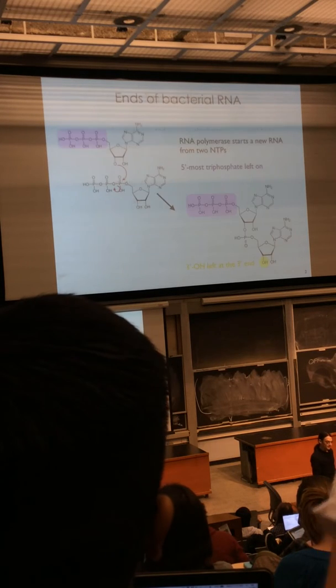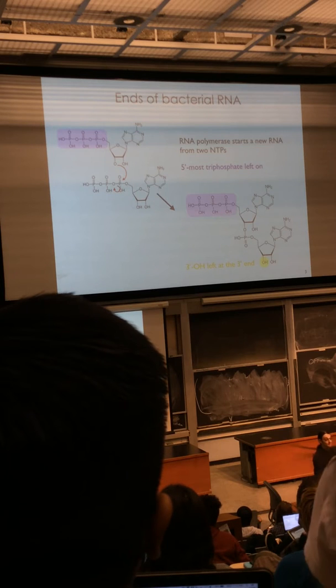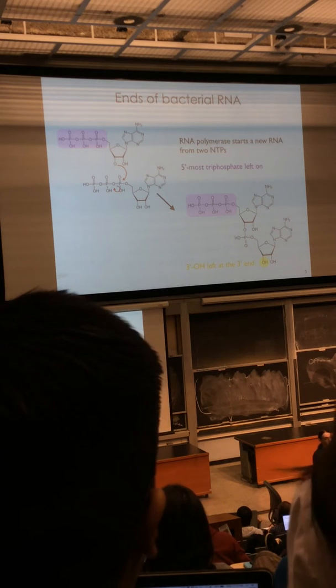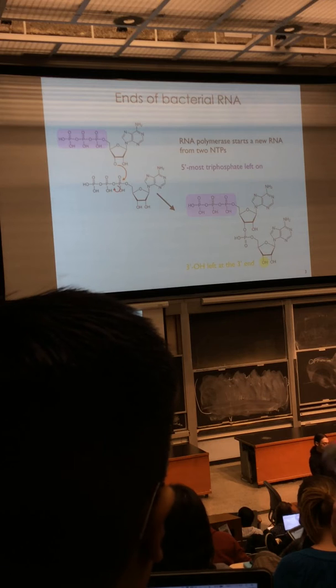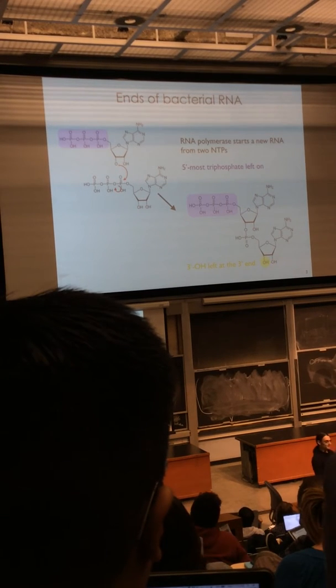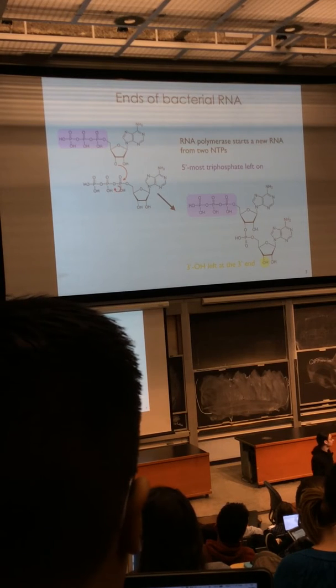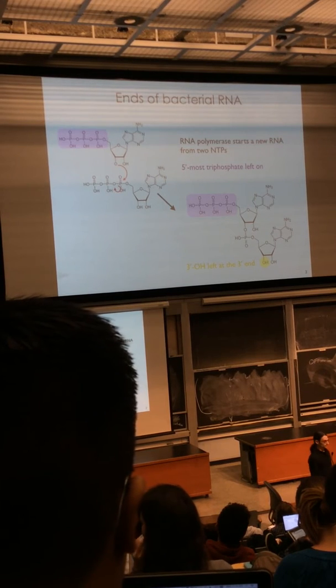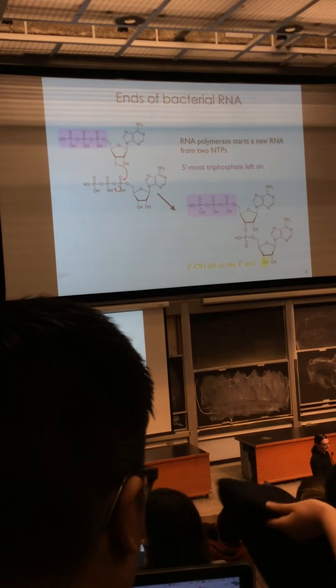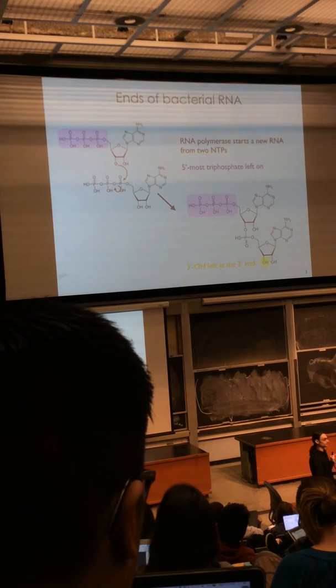If we're looking at bacterial RNAs, the ends of those RNAs, as they exist as mRNAs in the cell, are exactly the same as they come off the polymerase. One note: RNA polymerase, uniquely, can do something that DNA polymerase cannot. RNA polymerase can start a new strand.